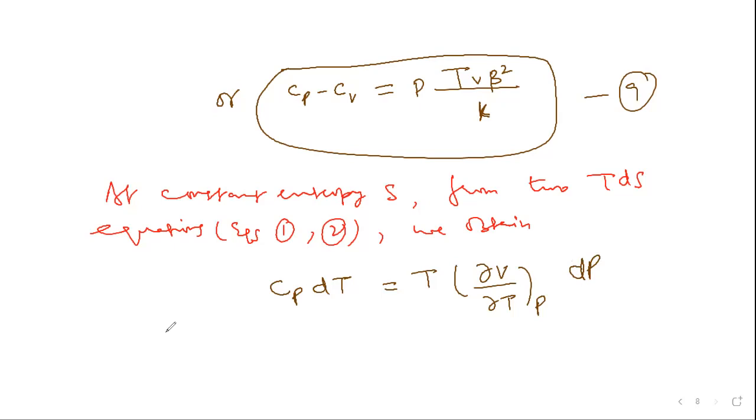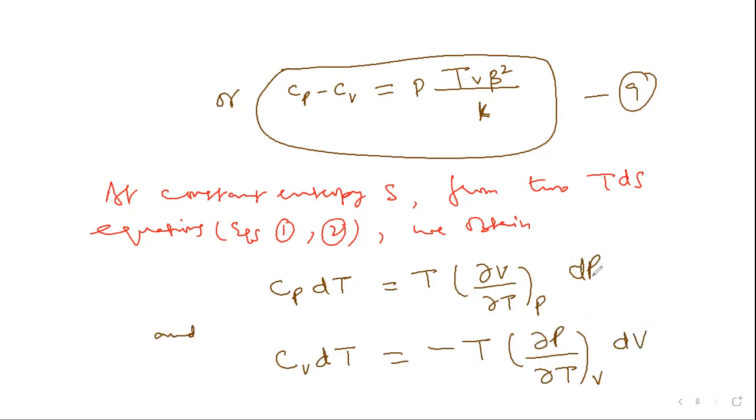And Cv dT is equal to minus T dou P by dou T at constant V dV.